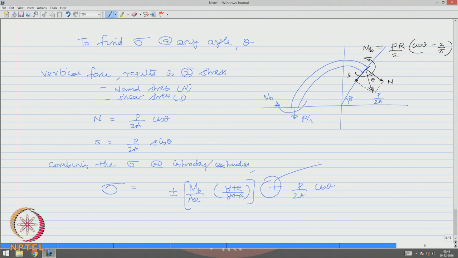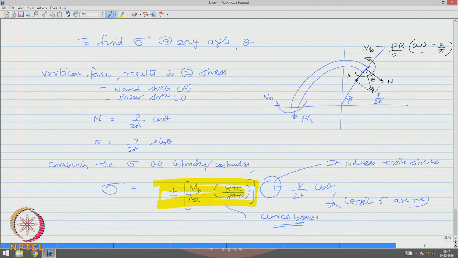This is positive because it induces tensile stresses. So, in this equation we know tensile stresses are positive, that is very important. And friends, you should recollect that this equation what we have written here is actually the equation derived for curved beams.